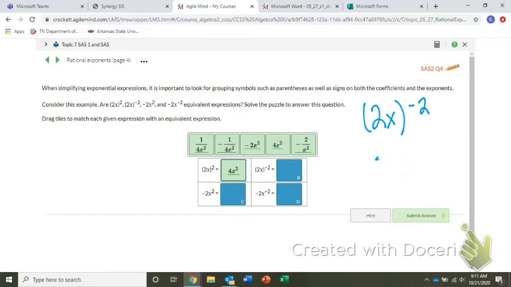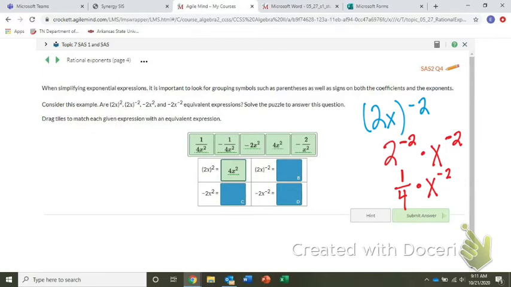Let me write it out for you. We would have 2 to the negative 2 times x to the negative 2, right? So, 2 to the negative 2 is a 1/4 times x to the negative 2. But remember, I don't like negatives.